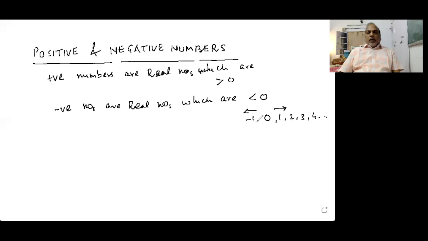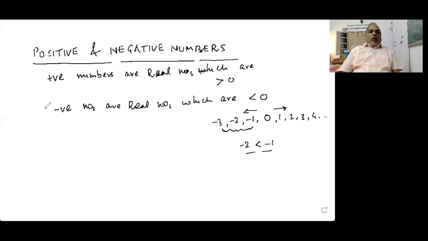Here you will find -1, -2, -3, and so on. These numbers are less than 0. And here you will find -2 is less than -1. Like that, -3 is less than -2.